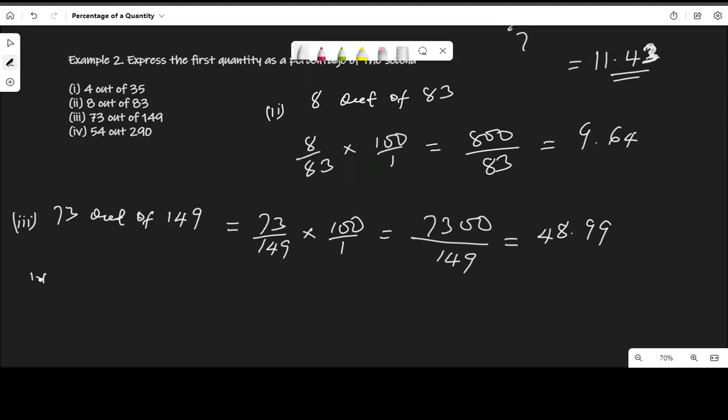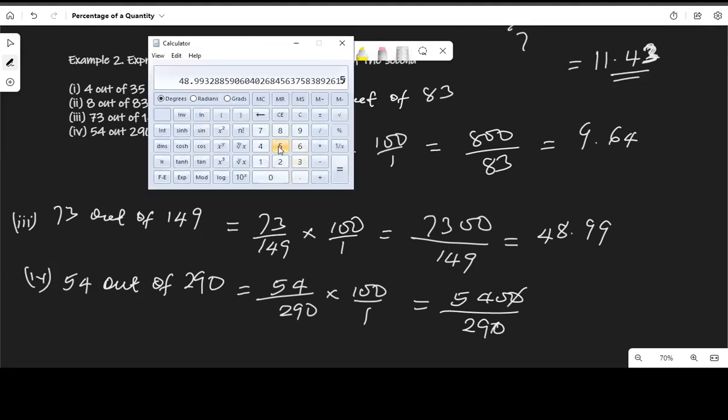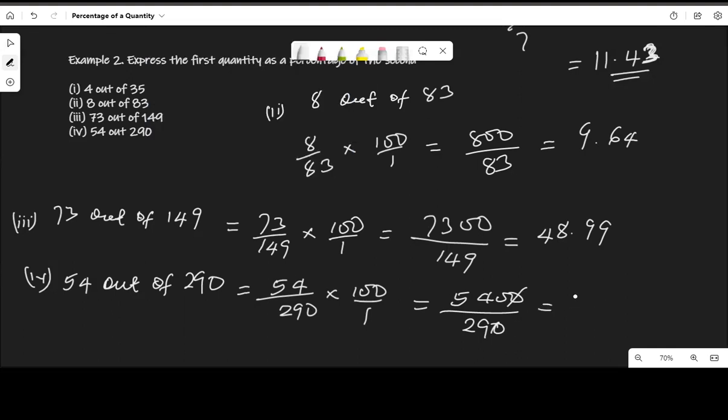Lastly, I have 54 out of 290. That will be 54 over 290 times 100 over 1, which is 5400 over 290. 540 divided by 29 is 18.62.